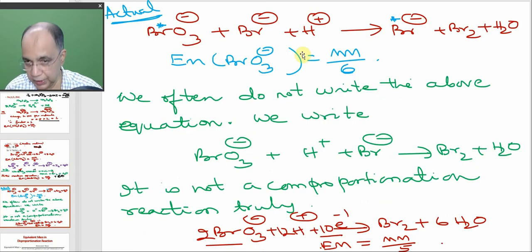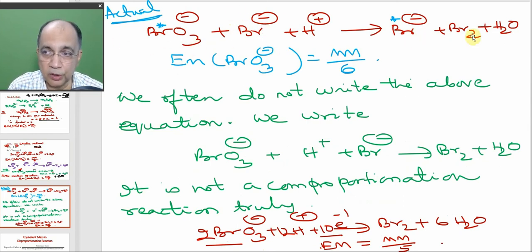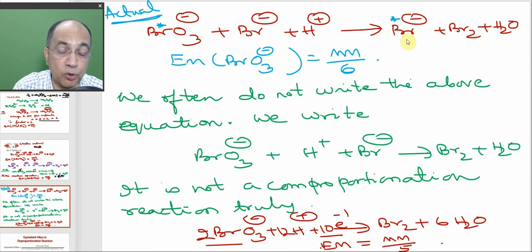So where bromide ion is the reductant and bromate ion is the oxidant, bromate ion will always give bromide ion from +5 to -1, but bromide ion will be oxidized to bromine. But often students don't write this. If you don't write this, then you feel that bromate and bromide have comproportionated.